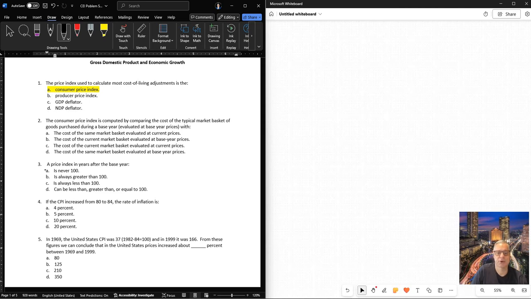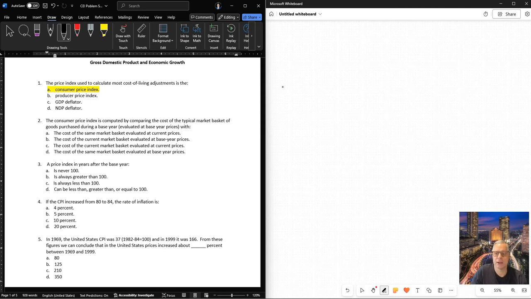Yeah, that is correct. The cost of the current market basket, no, it needs to be the same. The cost of the current one, whatever it is, cannot be right because it must be the same market basket. And the cost of the same market basket evaluated at base year prices, now there wouldn't be any change, it would always be 100 or 1.